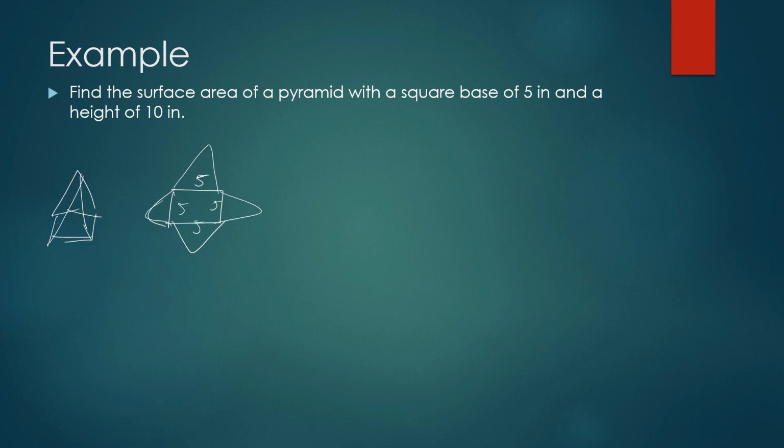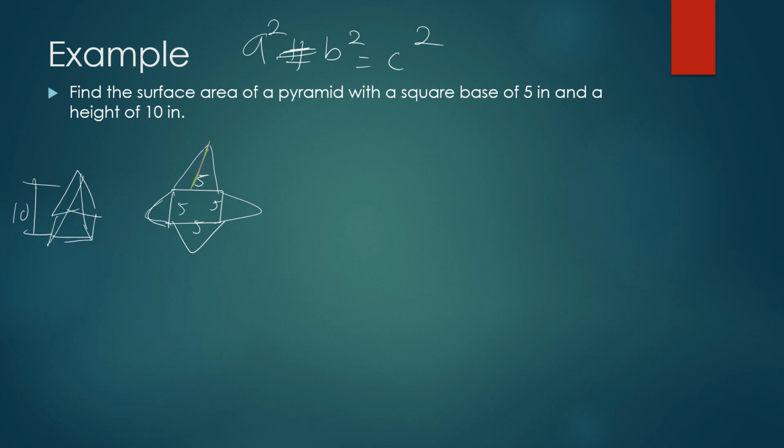Now, the thing is that we're given a height of 10 inches here. But what we need to know is this here. We need to know this. In order to find the slant height, we need to use Pythagorean's theorem. Remember the Pythagorean theorem is a squared plus b squared equals c squared, where c is the hypotenuse.